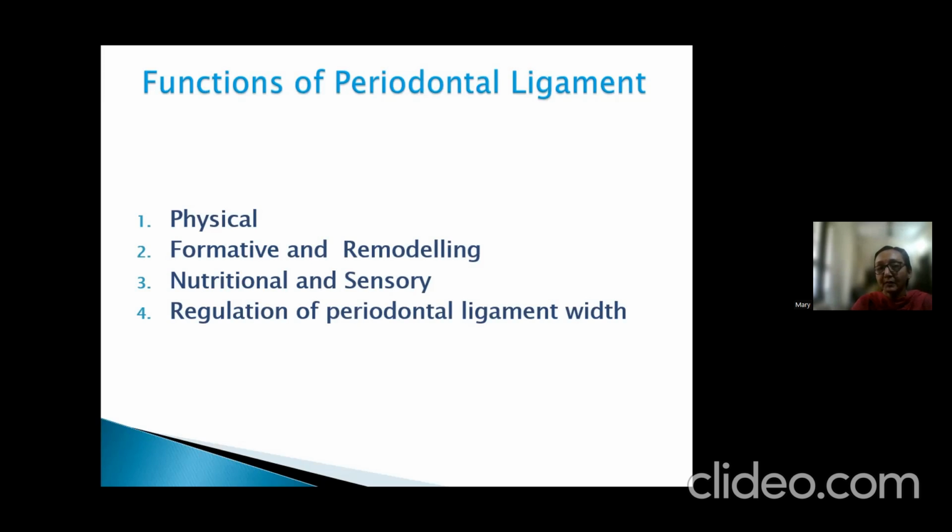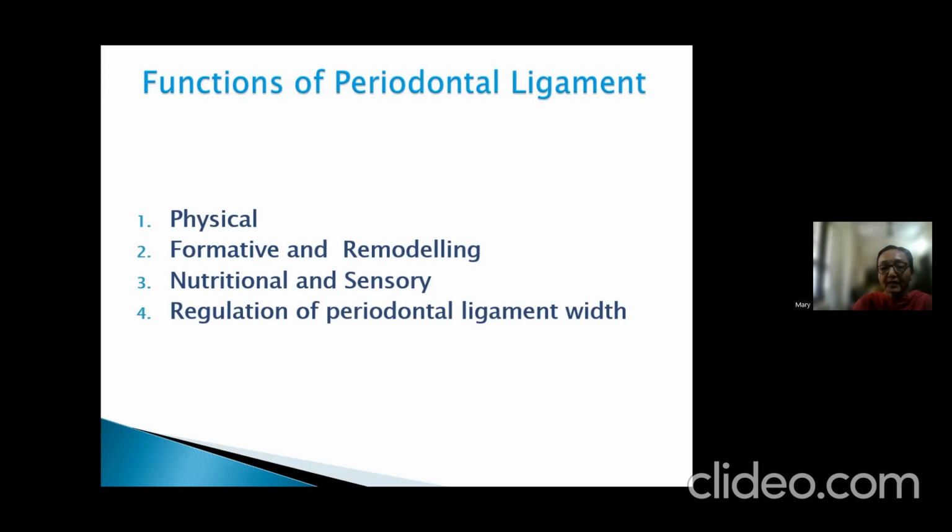So the periodontal ligament could also be called a shock absorber, and also it provides a soft tissue casing, or rather a protective casing to the nerves and blood vessels, and this prevents the nerves and blood vessels from injury. So these are the physical functions of the periodontal ligament.